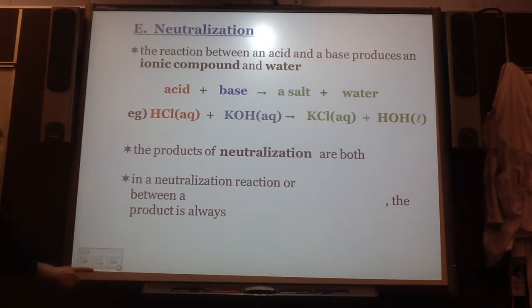The products of neutralization are both what? What do you think? I'm not coming out until you say it. Basic, acidic, or neutral? Neutral? Yes.